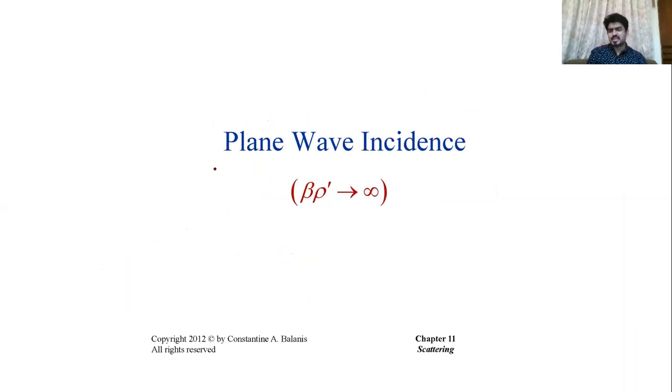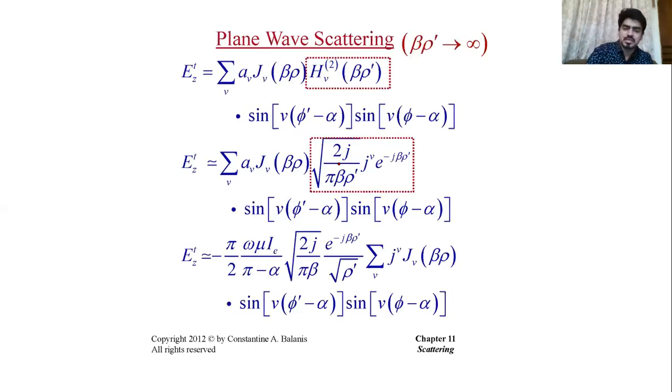Now the other case would be when you have a plane wave incidence and want to calculate the scattering from the wedge, and for that case your beta rho prime will approach infinity, right? So basically, when you have a line source in the far field, it is nothing but a plane wave incidence for the wedge, and for that, with the Hankel function with this argument beta rho prime, we are going to use the asymptotic expansion.